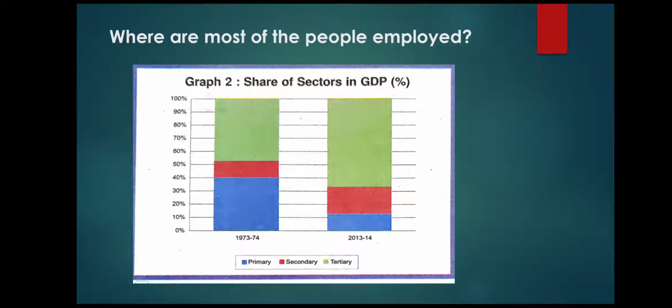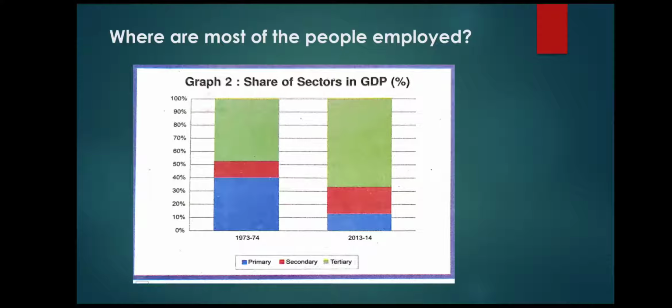Now, the primary sector contributed about 40% of GDP in the year 1973-74. The secondary sector is contributing about 12%. And the tertiary sector is providing about 48%.